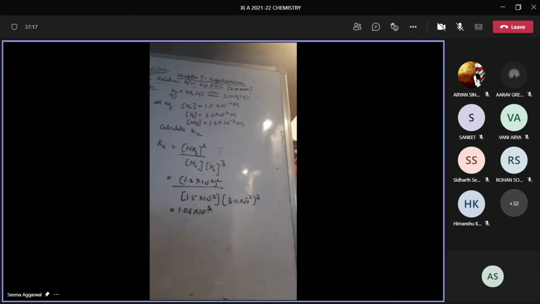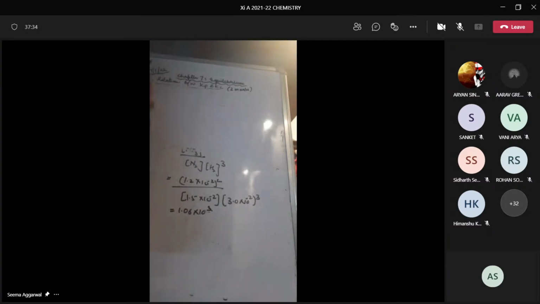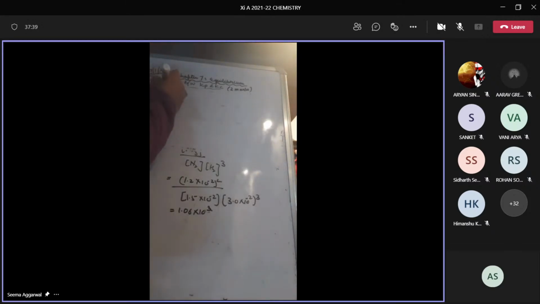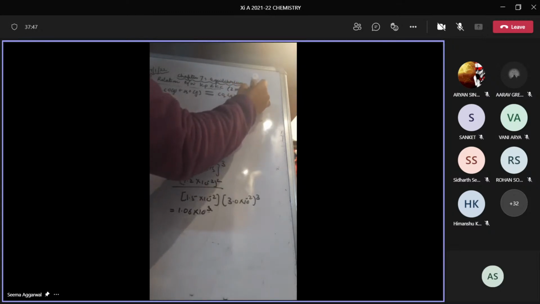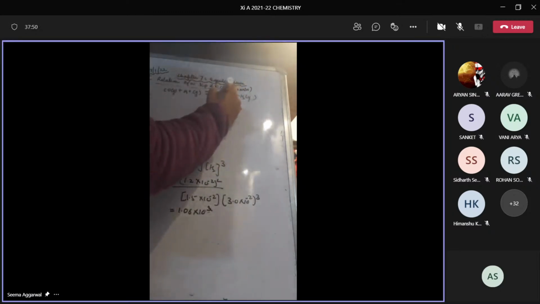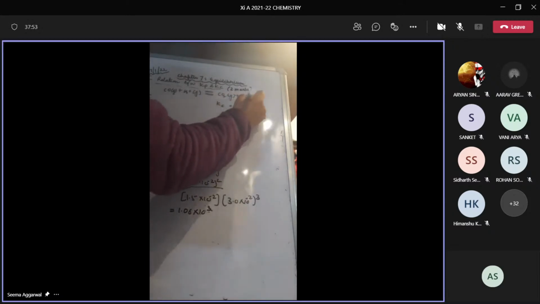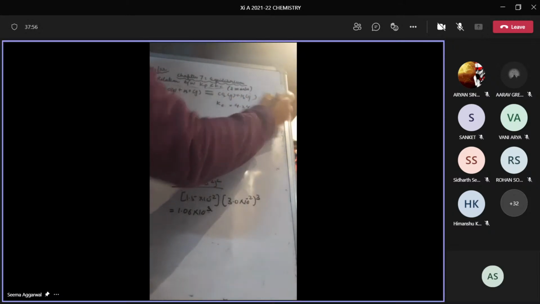Now see NCERT example problem number 7.4. Now this you can see is quite a lengthy question. Now the question is for this reaction: carbon monoxide gas plus water gas gives carbon dioxide gas plus H2 gas. Kc is equal to 4.24 at 800 Kelvin.